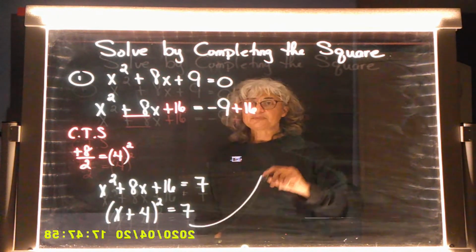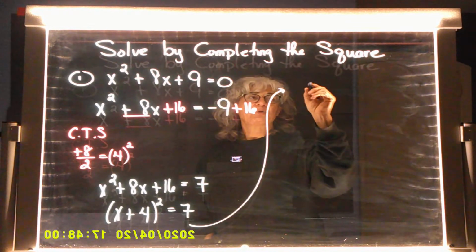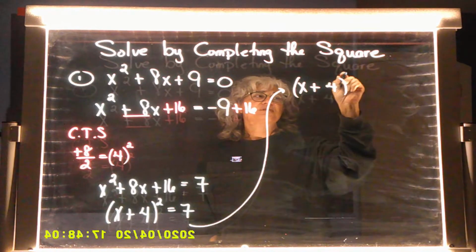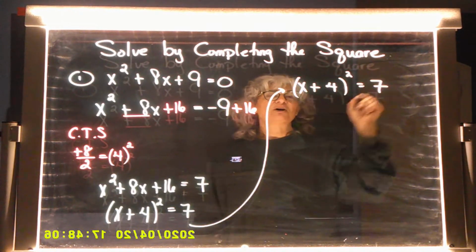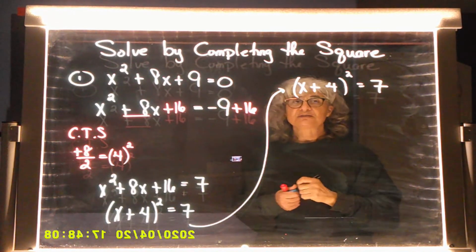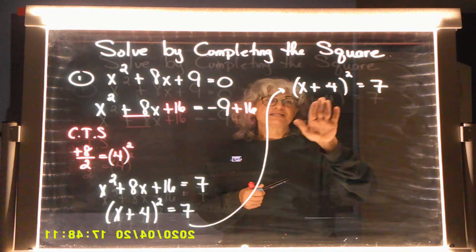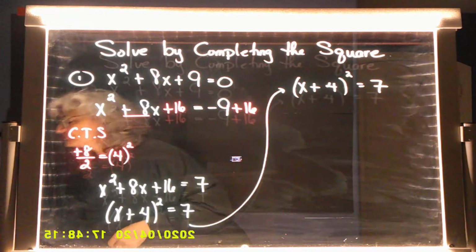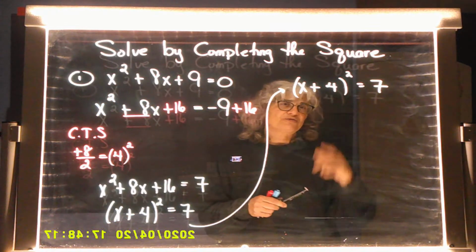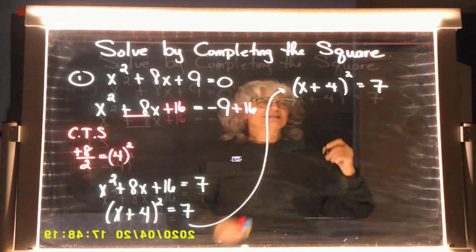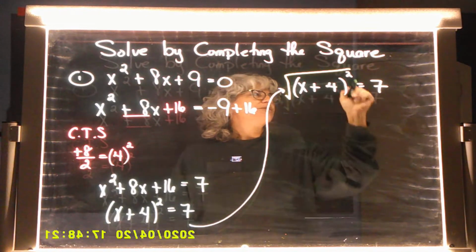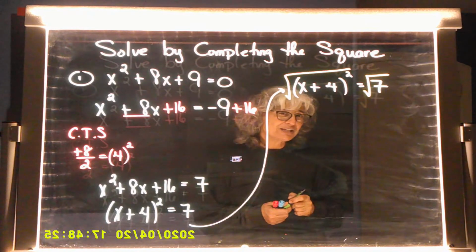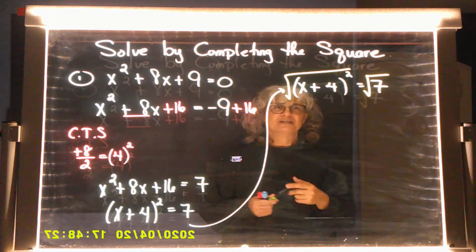And now this problem looks like one of the problems that we did in the very beginning of this particular lecture. When we are solving for x, we need to get rid of the 4 and the square. Agreed? Okay, so what's got to go first, the 4 or the square? Yeah, the square. So that means you got to square root both sides, don't you? And how many answers are you going to get? Yep, you get 2 answers.